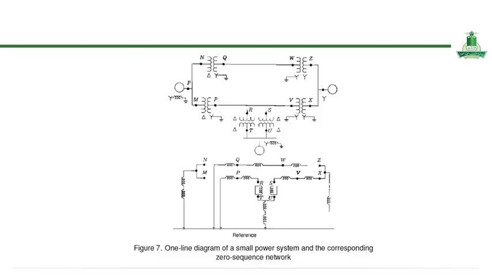Okay, this slide presents the single line of a small power system, along with its corresponding zero sequence network, which is essential for analyzing unbalanced faults such as single line to ground faults. The upper part of the figure shows the actual system configuration, similar to the previous slide, including generator, transformers with different winding conditions, and so on. Each component's grounding and connection type plays a critical role in determining whether zero sequence current can flow or not.